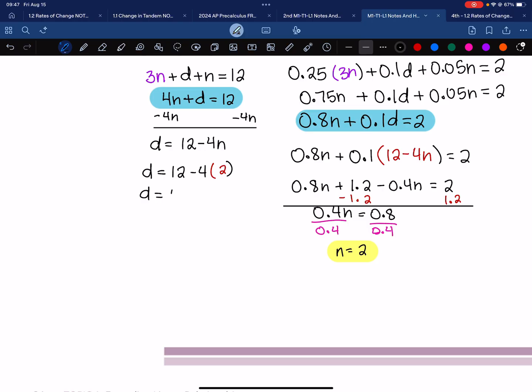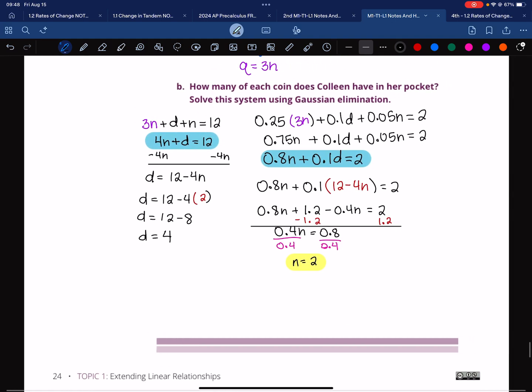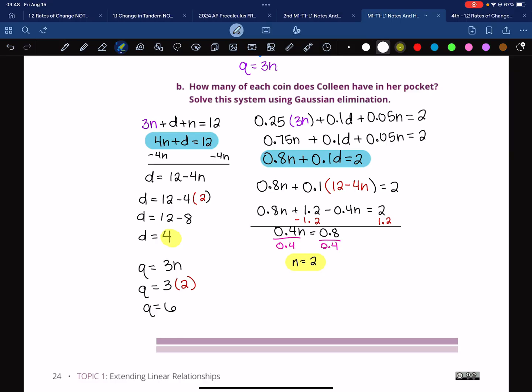D is equal to 12 minus 8. And so D is equal to 4. Then I can plug it into my Q equation. Q equals 3n. So Q is equal to 3 times 2. That means Q is equal to 6.